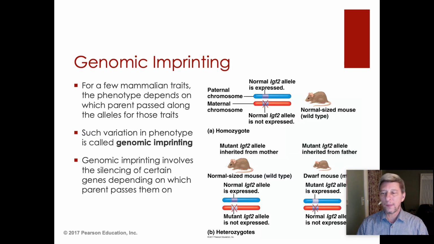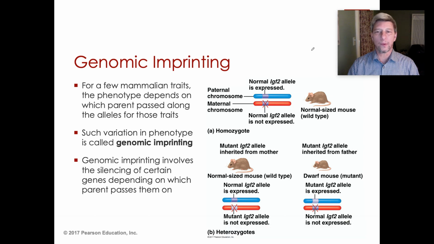So let me give you this example. This is an example that we talk about in your textbook, so you can go through and read specifically about this gene and what it does. But this is a phenomenon called genomic imprinting.